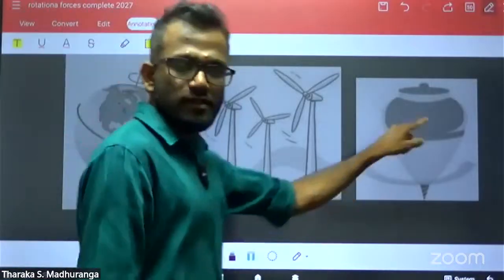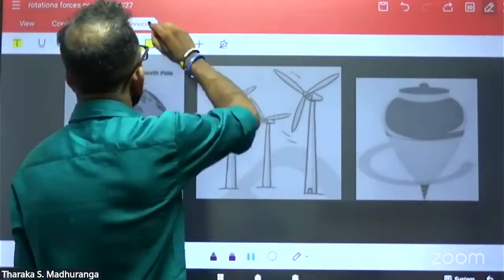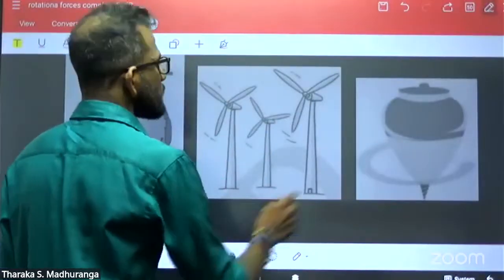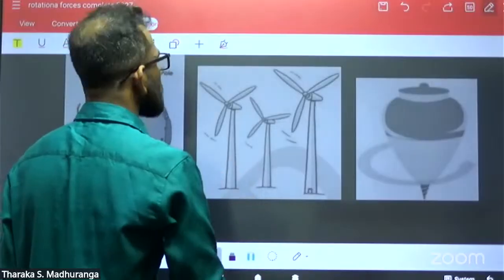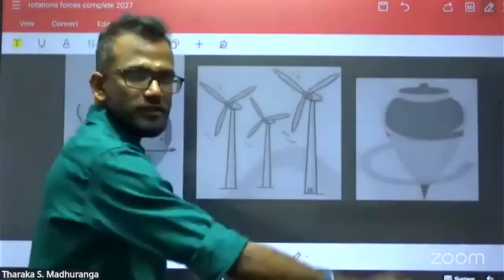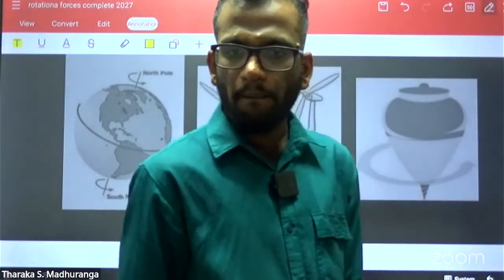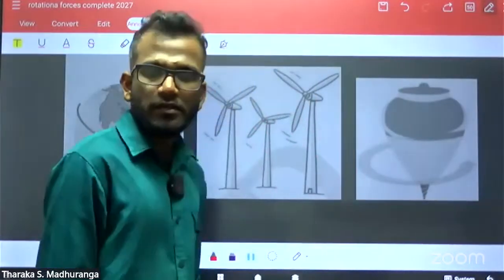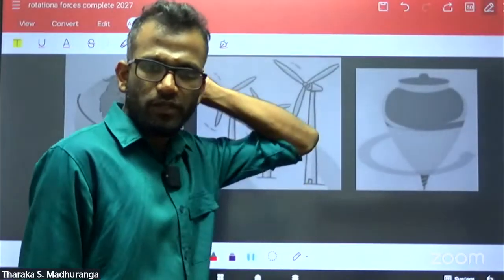Okay, what is this? What's the name of this equipment? Do you know this? Spinning top. Yes. No, no, no. It's not a spinning top.